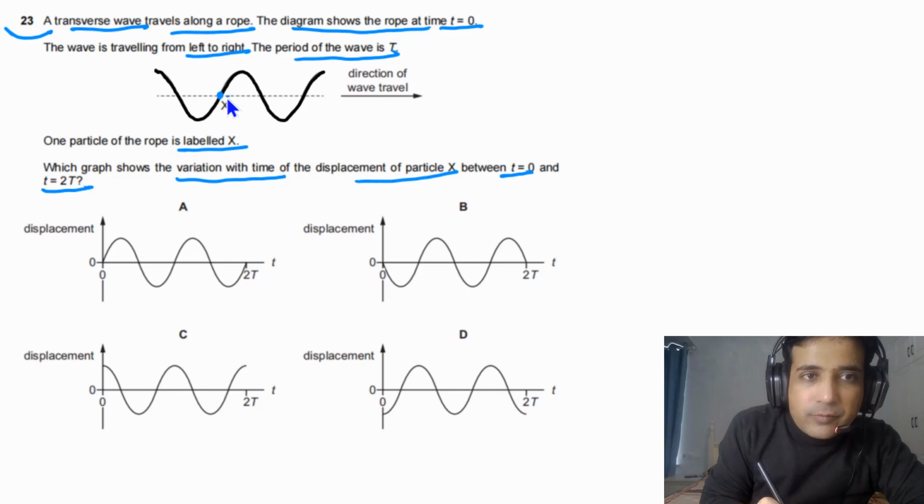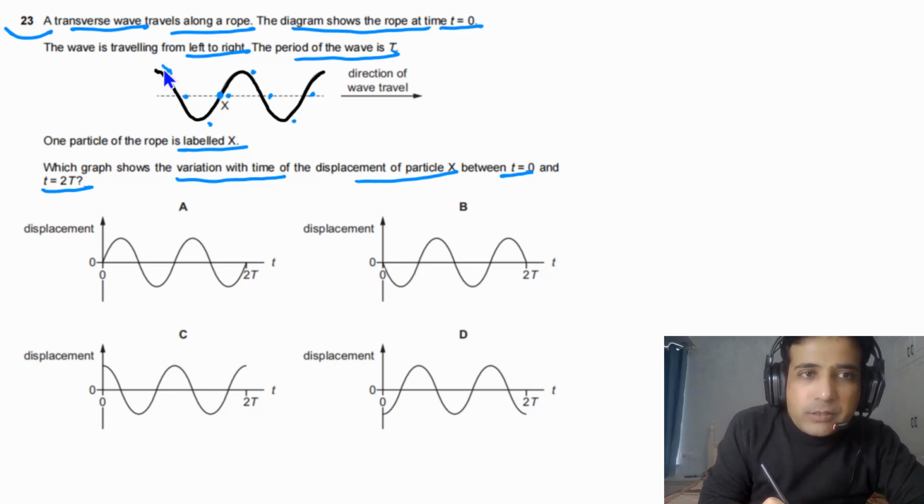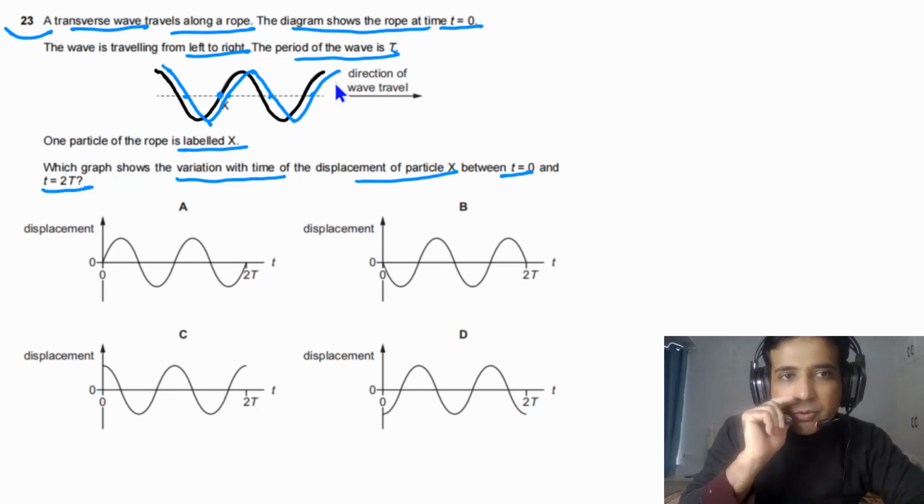This point will go forward, this part of the wave will come here, this part will come a bit forward, and the peak will also move forward. Now we can connect these points, and we can see the wave at the next instant of time.